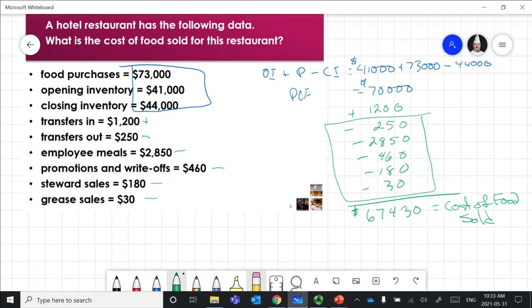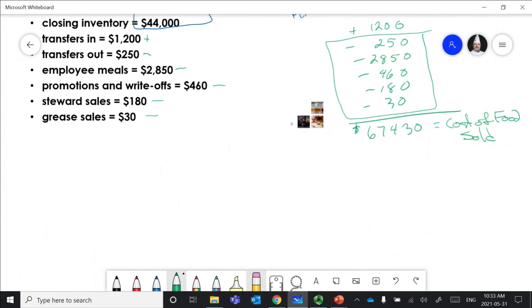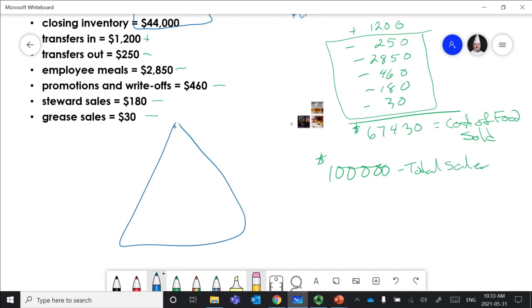So once we've got that $67,430, we can apply that to our total sales for the month, right? So if we had total sales for the month of, say, $100,000, just for another zero, we can take our food cost triangle that we used before, and we can change this selling price to total sales, and we can take our $100,000, and our food cost is $67,430, and we can figure out our food cost percentage is 67.4%.